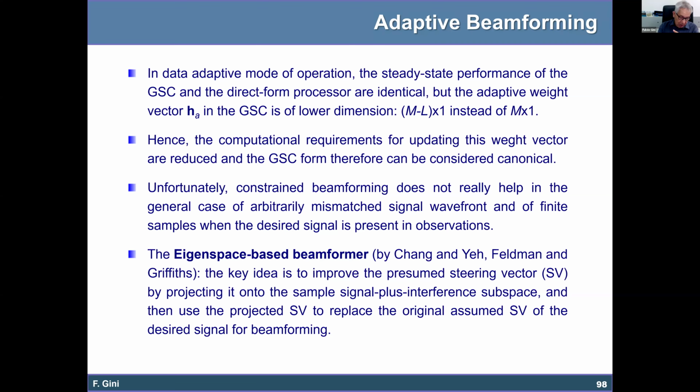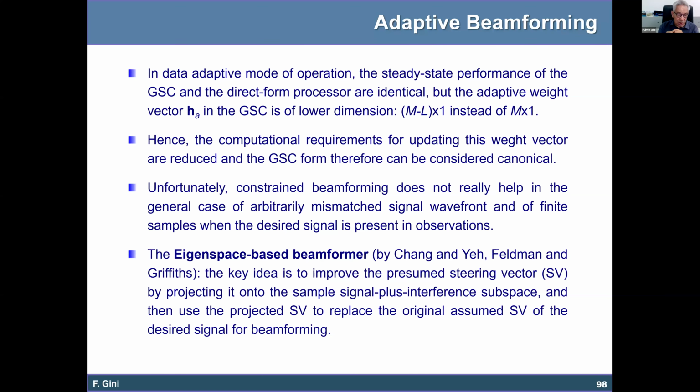And if we understand that the signal is coming from the side lobe, that signal is canceled. So that's why it is called side lobe canceller. It's an architecture that has the purpose to cancel the signal entering in the beamformer through the side lobes.